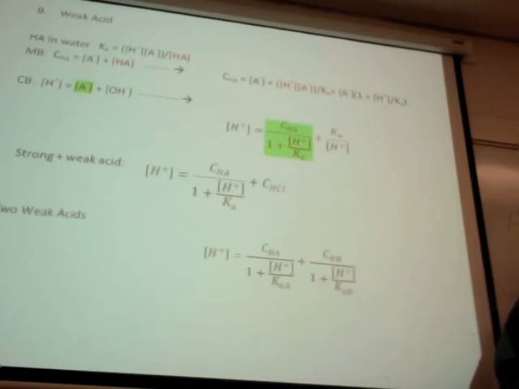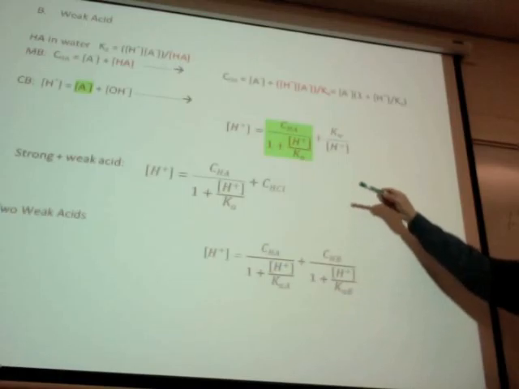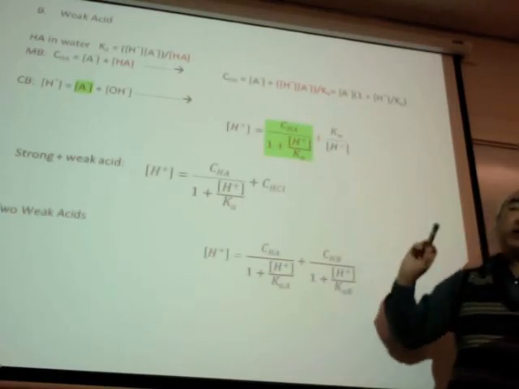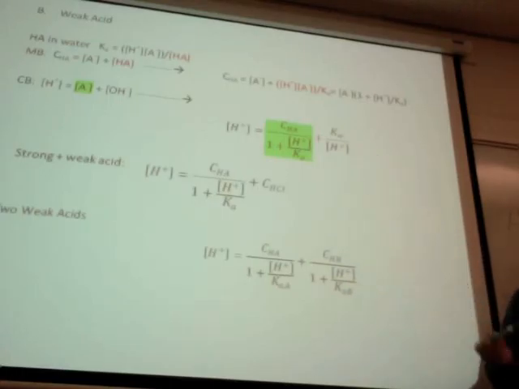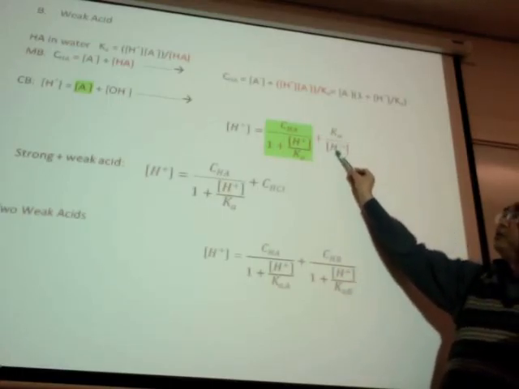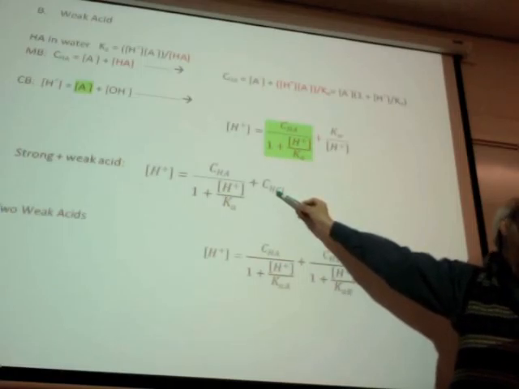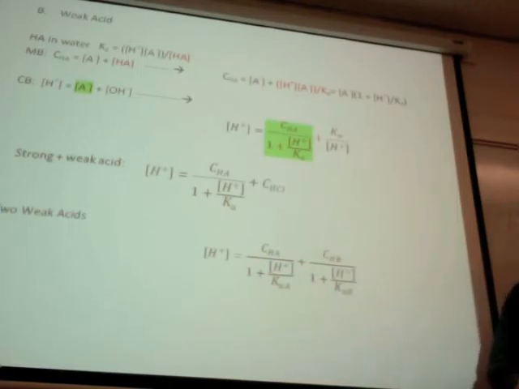Yes, Chris? You don't add the Kw over protons like you did for the first weak acid? Well, this is just 1 weak acid in water, and all these are going to be plus the Kw over H plus, but this contribution will be negligible once you get that in. What about the bottom one? If there are 2 weak acids, would you still include it, or when would you not include it?